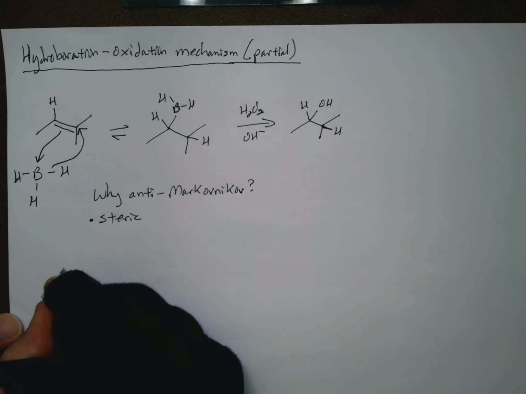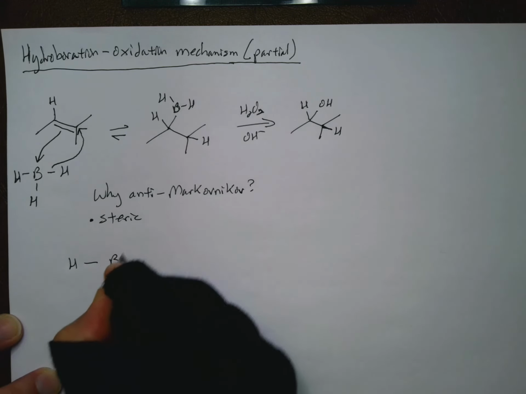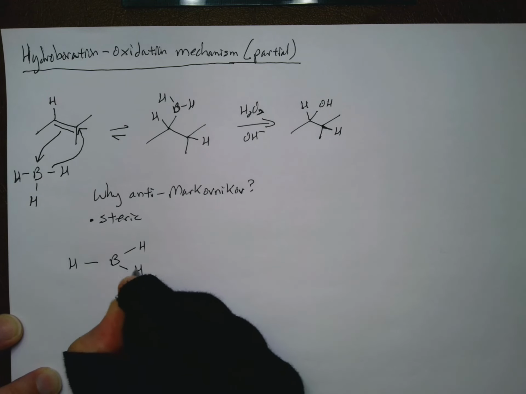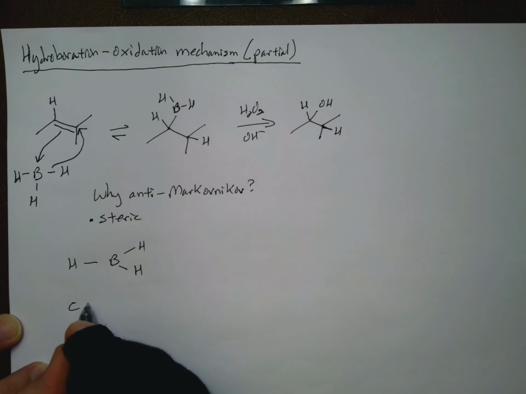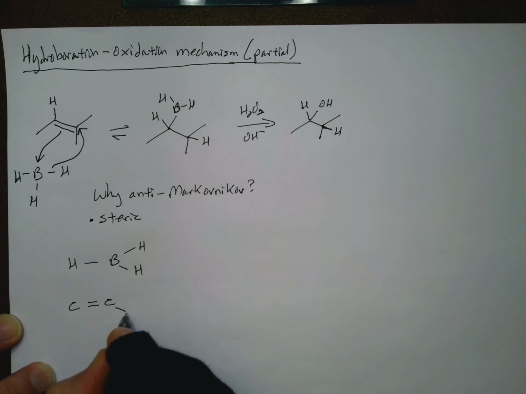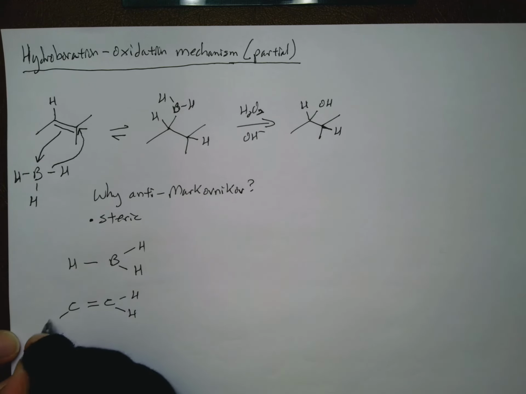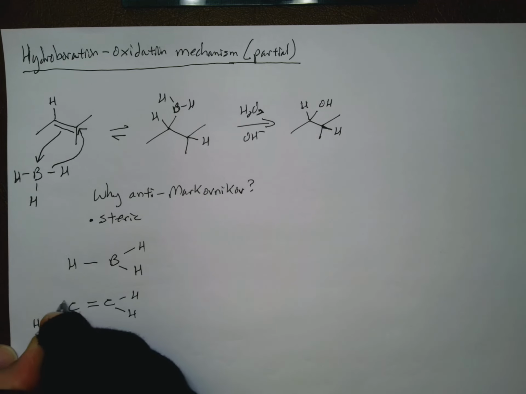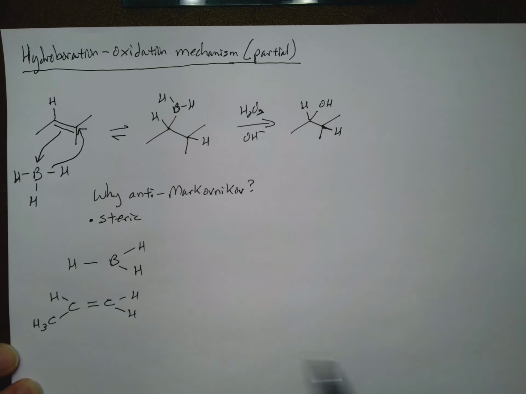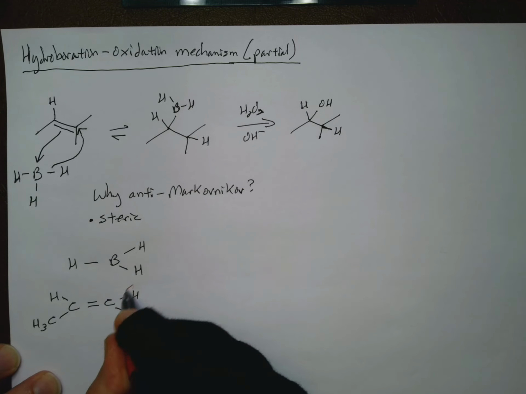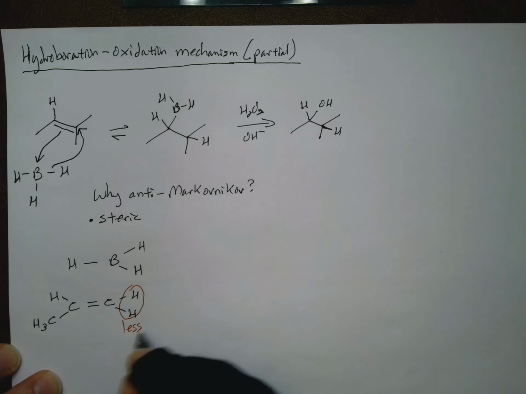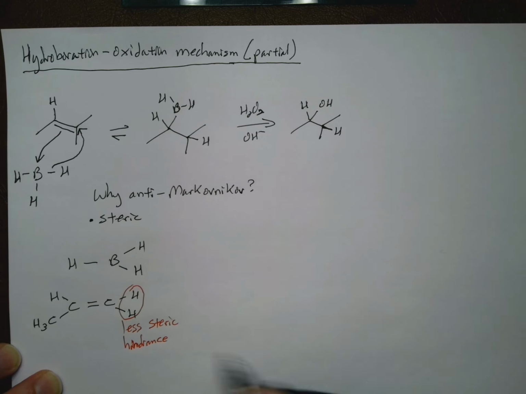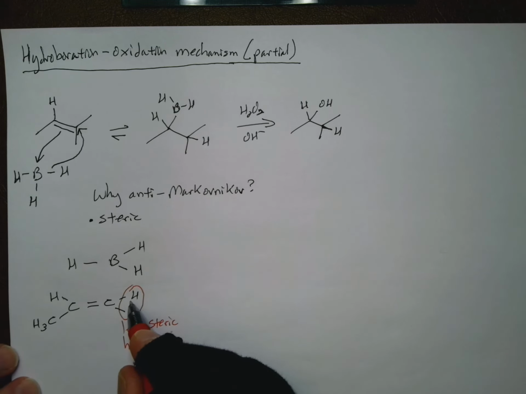So if I have my H, B, H, H, and then I have my C double bond C, with an H there, an H there, CH3, and H, we have less steric hindrance at the end that's less substituted.